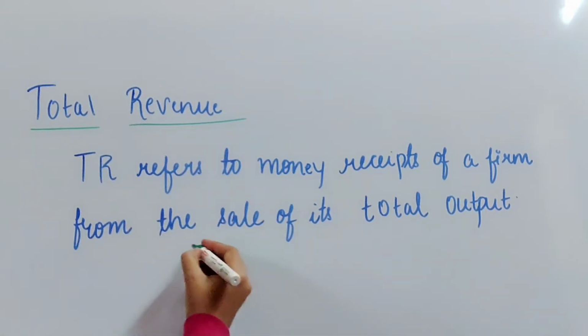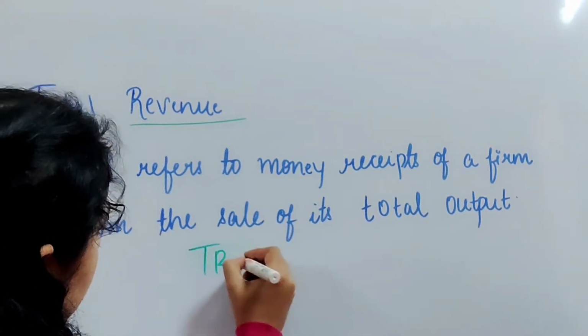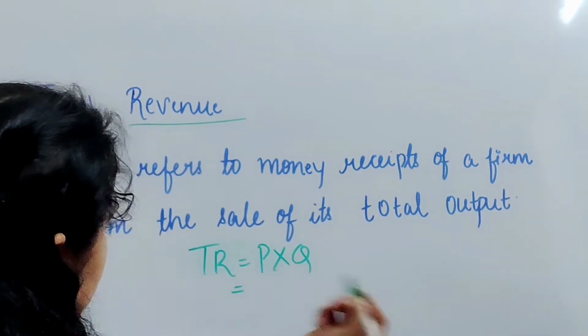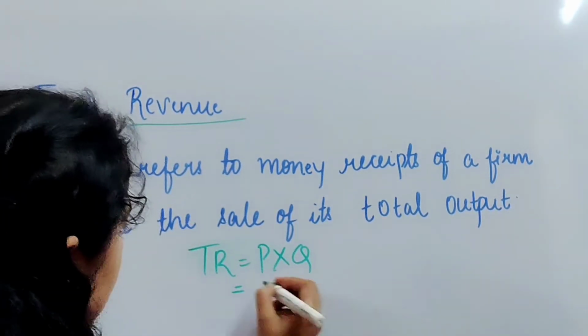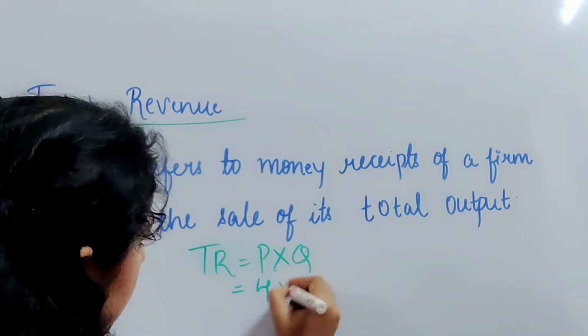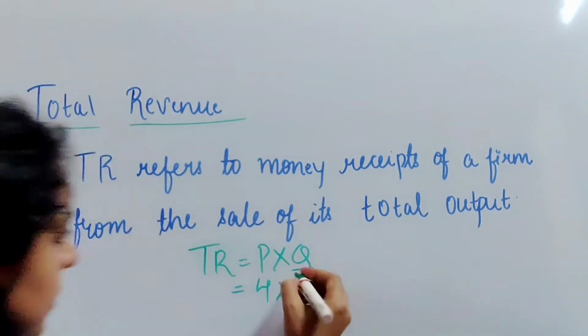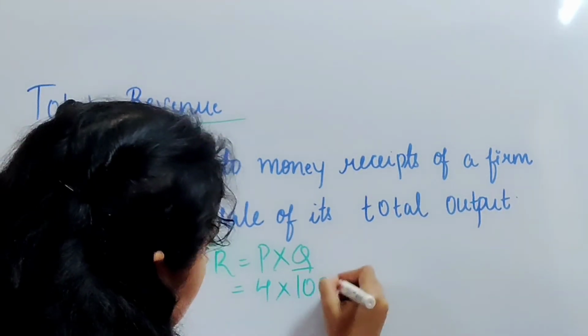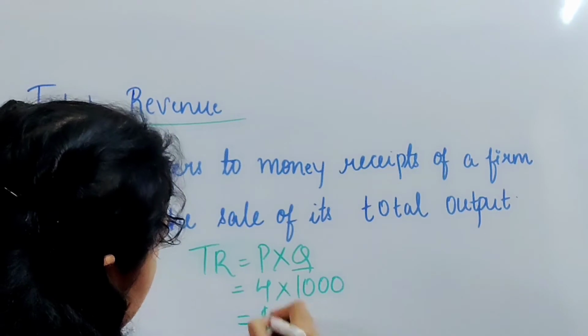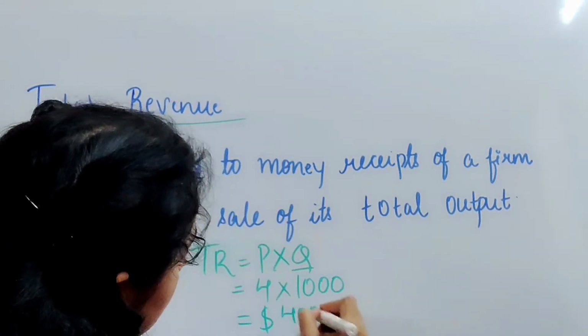We can represent total revenue as price into quantity. Now, let us suppose that price of one unit of ice cream is $4 multiplied by the number of units, 1000 units are sold. So the total revenue for the firm will be $4,000.